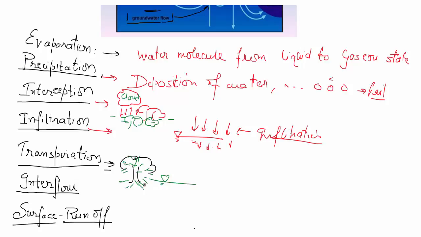The roots are taking water from the available moisture, and this water is going upwards through the tree and through the leaves. It leaves the earth surface, or you can say it evaporates. So this process is called transpiration, the discharge of moisture into the atmosphere by the plants and trees.